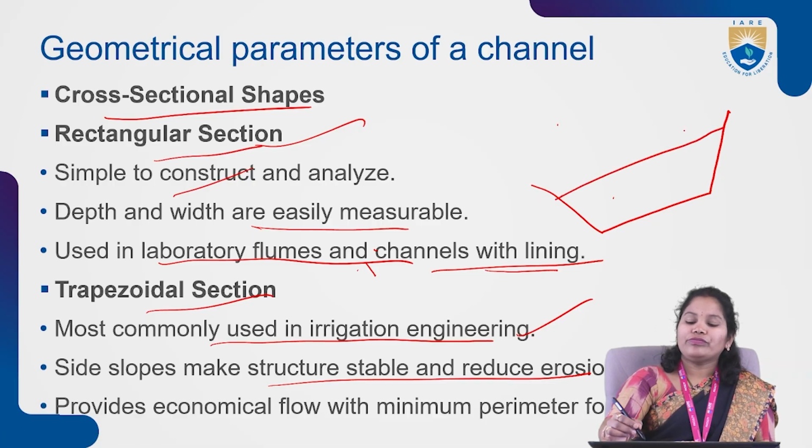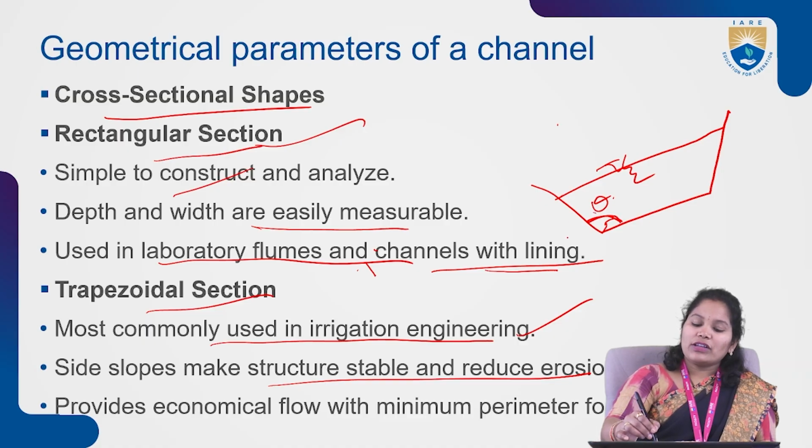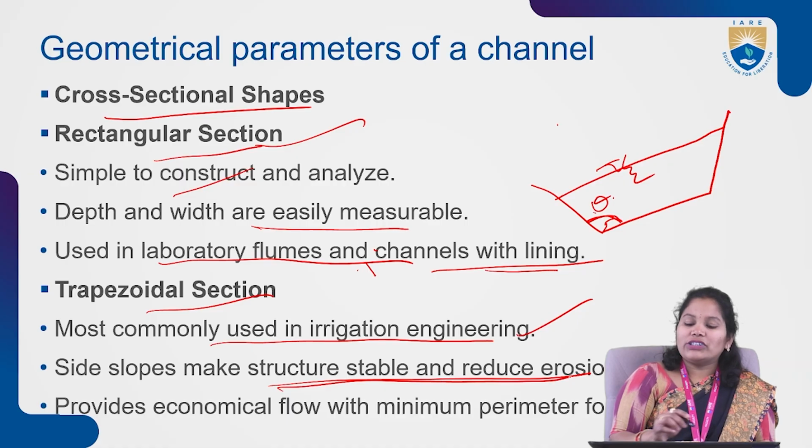So if this is your trapezoidal channel, it has a slope here. By this slope the flow is easy, and eddy formation at this angle is less, right? Let us take 120 degrees.